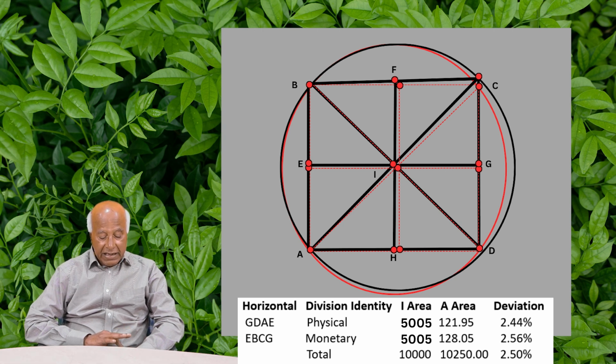So the physical part of the stability is 121.95, that is 2.44%. That is on the plus side. It is not on the negative side. It is on the plus side, as well as the monetary rectangle, which has also increased to 128.05%. It means the expenditure is more because we have increased the flow of liquidity into the economy.